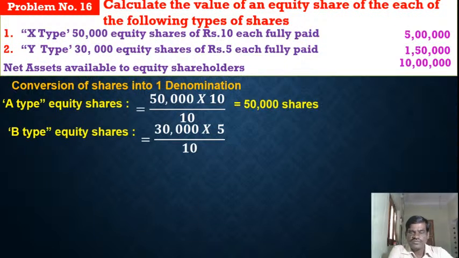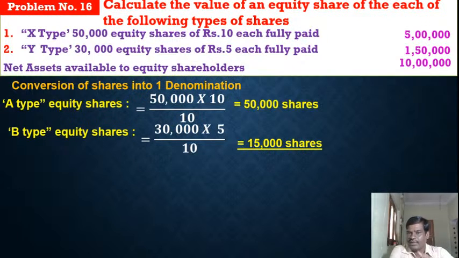Okay, now in Y type, that is B type shares, 30,000 equity shares. Now what is the face value? 5 divided by 10. We are converting 5 rupee shares into 10 rupees.